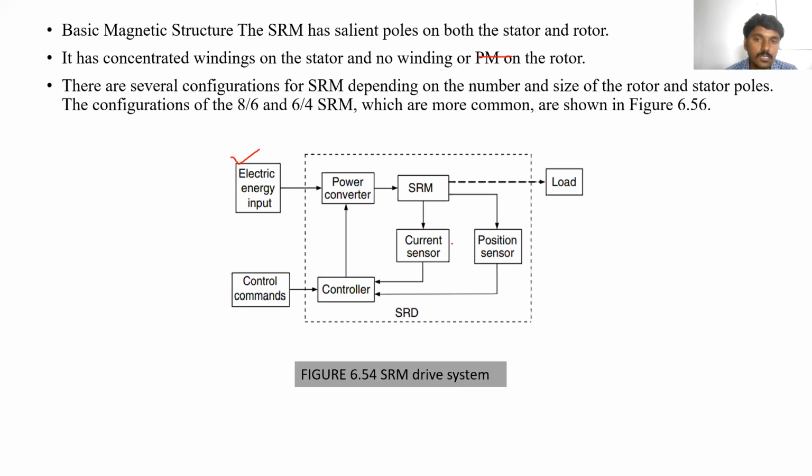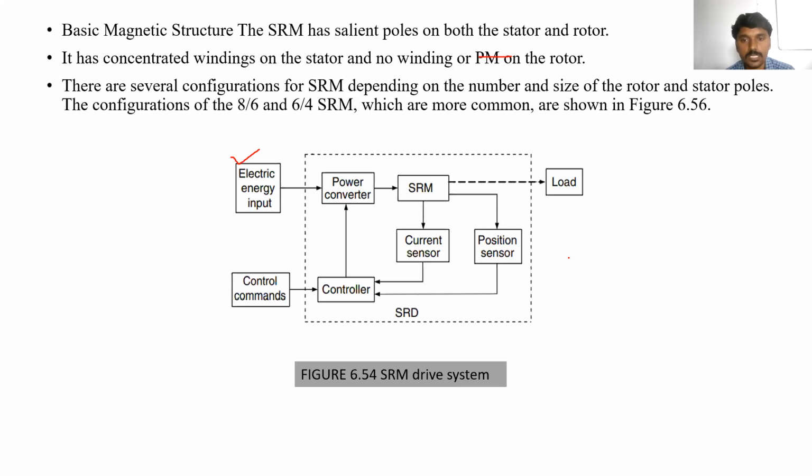The current and voltage sensors sense the voltage and current signals, and we also use a Hall sensor or position sensor, which identifies the position of the rotor.